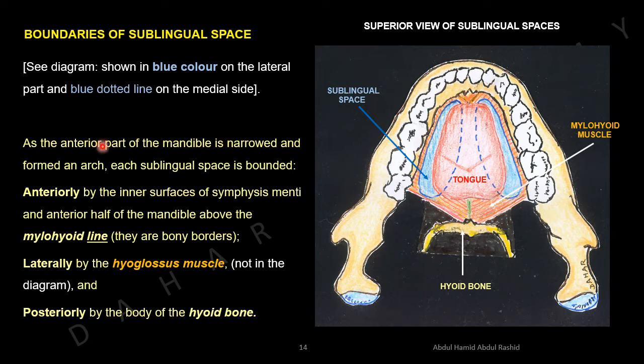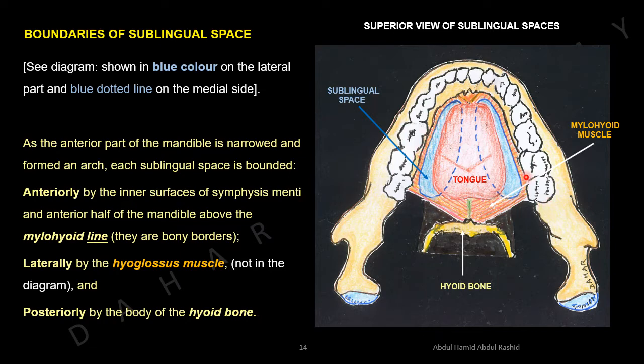As the anterior part of the mandible is narrow and forms an arch, each sublingual space is bounded anteriorly by the inner surface of the symphysis menti and the anterior half of the mandible above the mylohyoid line. So they are the bony borders of the sublingual spaces.